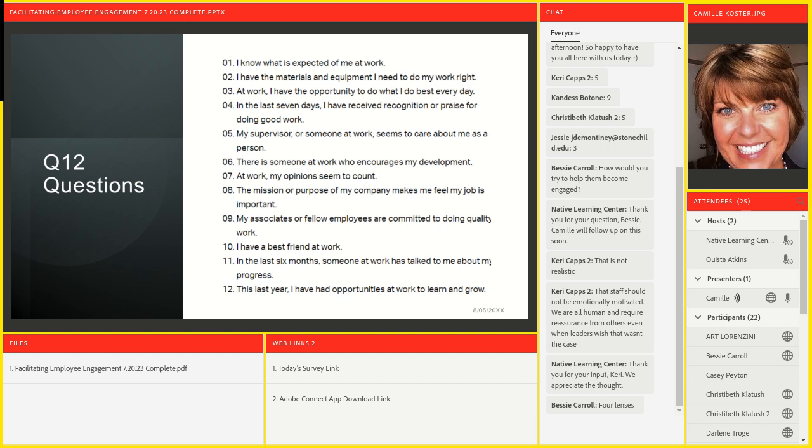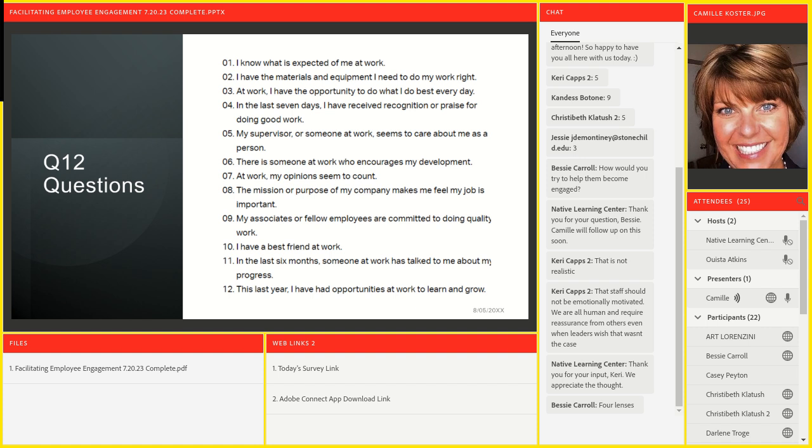What is it that makes their job great? As a leader, what are you doing great? And what are some of the challenges that you can improve? As a team, do they have any ideas on how to improve the team dynamic? So this has nothing to do with their performance. This really has to do with, hey, you're a valuable team player and I would love for you to stay.